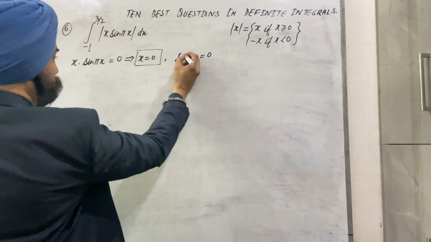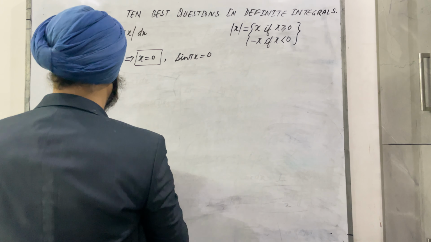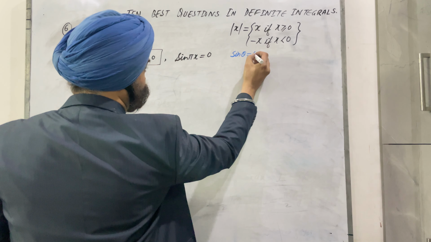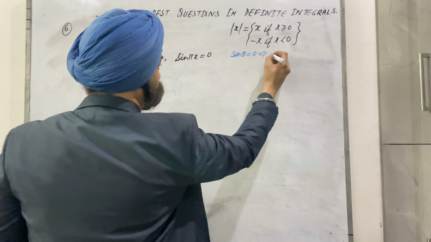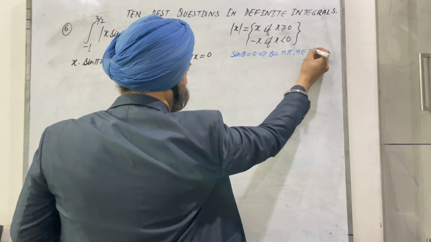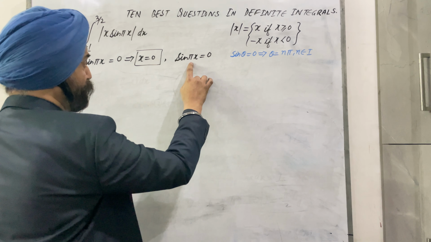Now here you need to have previous knowledge of the trigonometrical equation that when sine theta is equal to 0, then that theta is equal to n pi, where n belongs to the set of integers. So in place of theta we have pi x.